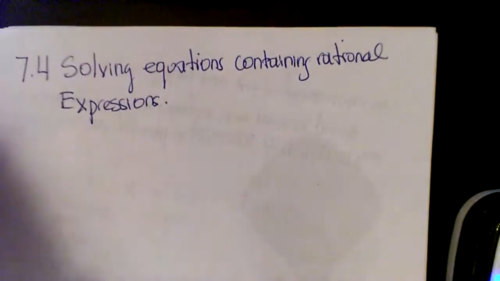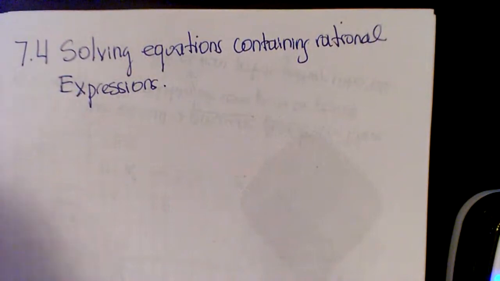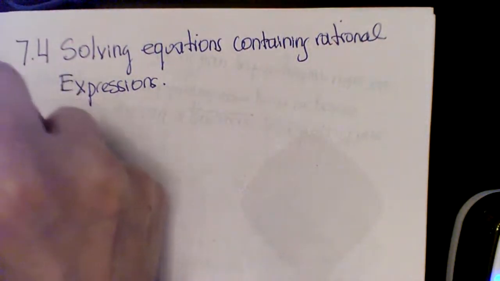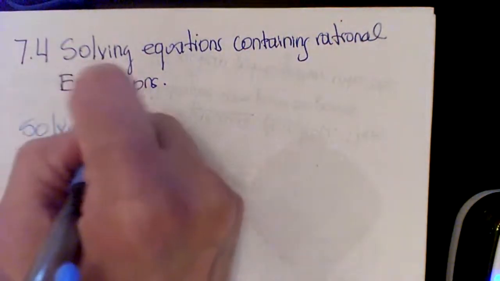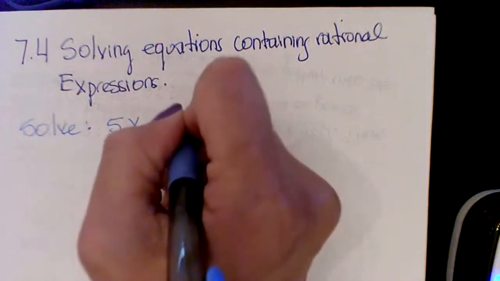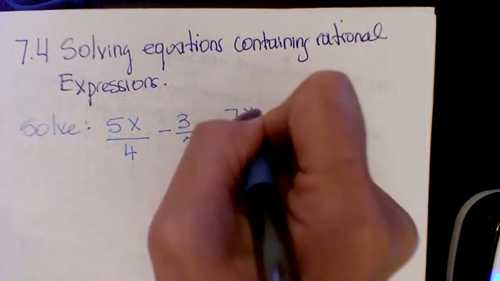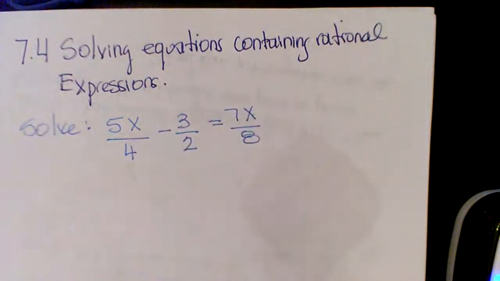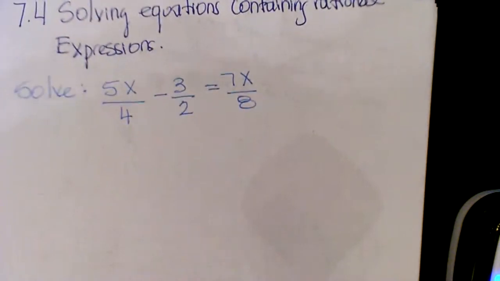So the first one says solve for, we have 5x divided by 4 minus 3 over 2 equals 7x over 8, okay? So what do we need to do?